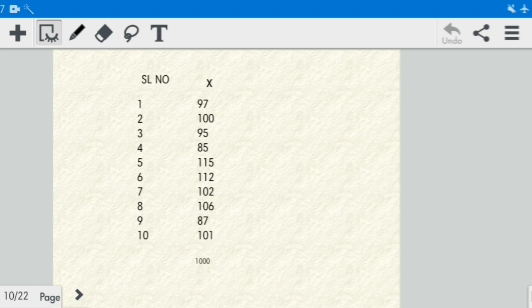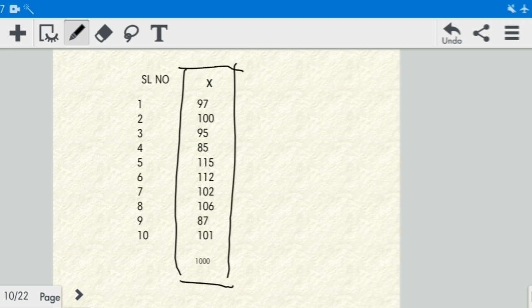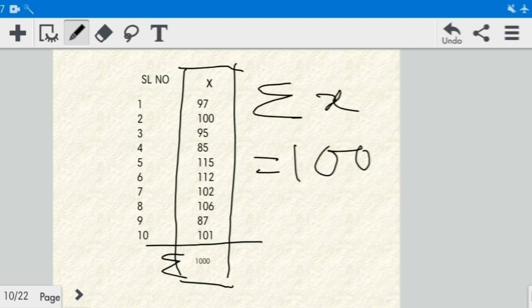Here the observation is rainfall of 10 years in a particular area. 10 observations, and the summation of x, the summation of observations, is 1000, and the total number of observations is 10.